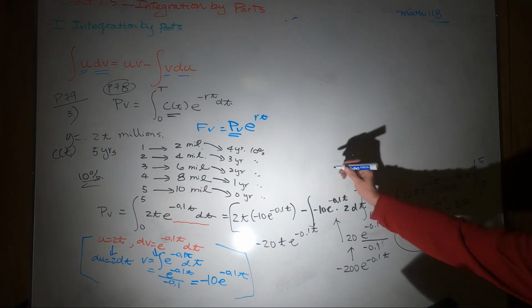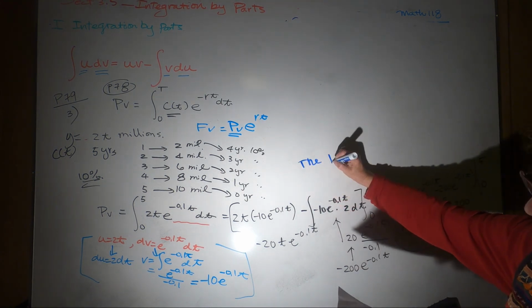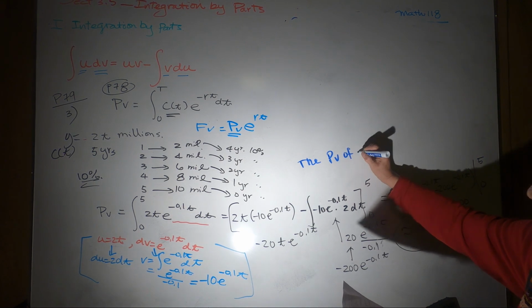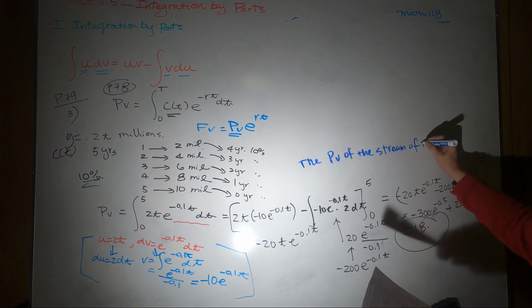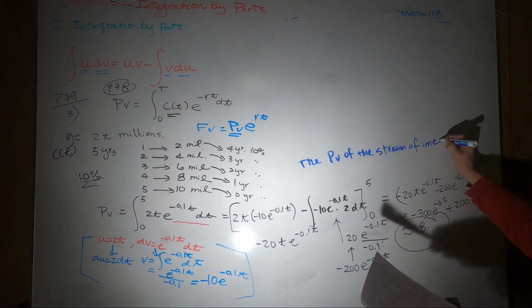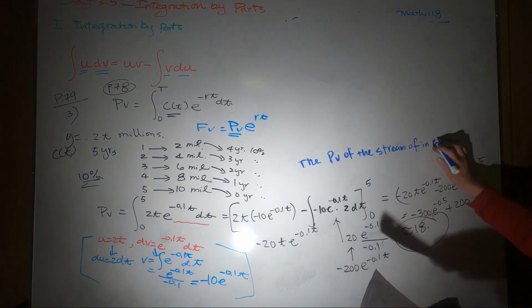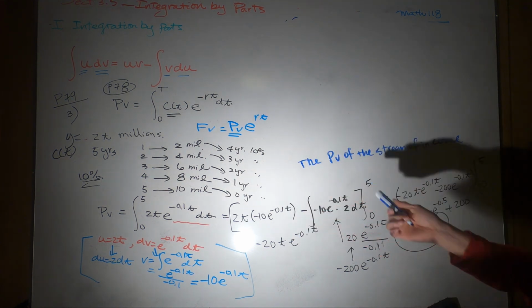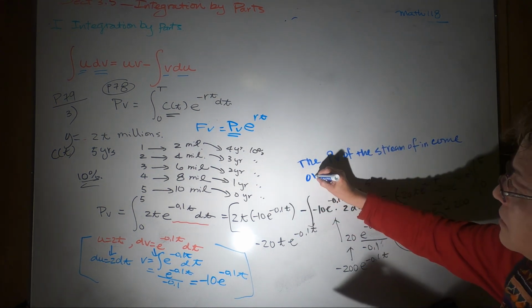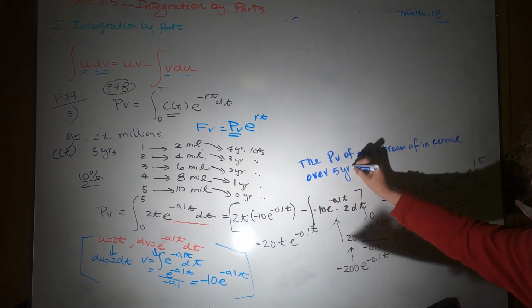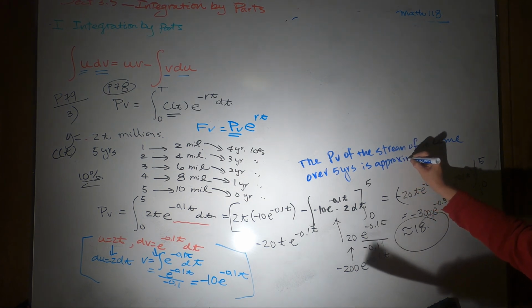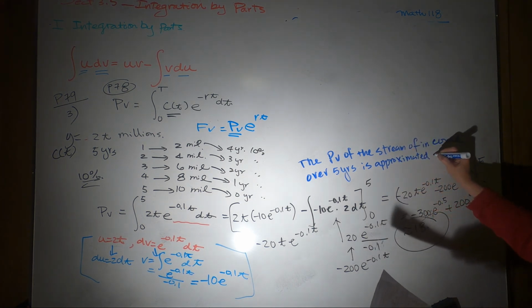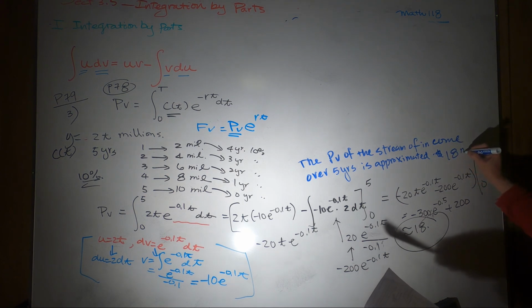So it's saying the present value of the stream of income, with 2 million per year over 5 years, is approximately 18 million as of today.